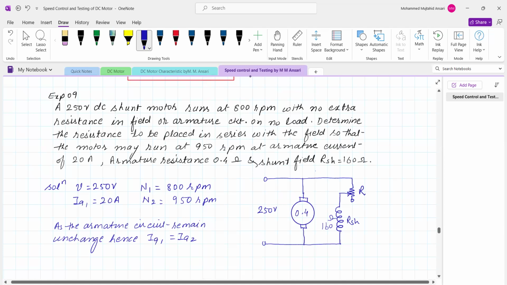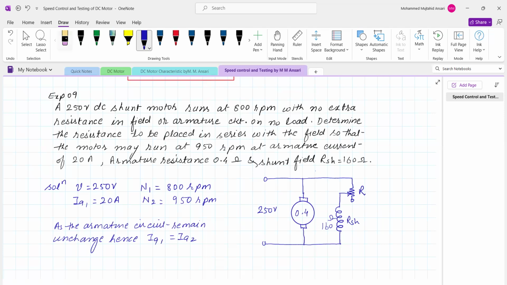It is given: 250 volt, no external resistance in the field, and determine the resistance to be placed in the field circuit so that the motor may run at 950 rpm at an armature current of 20 ampere.